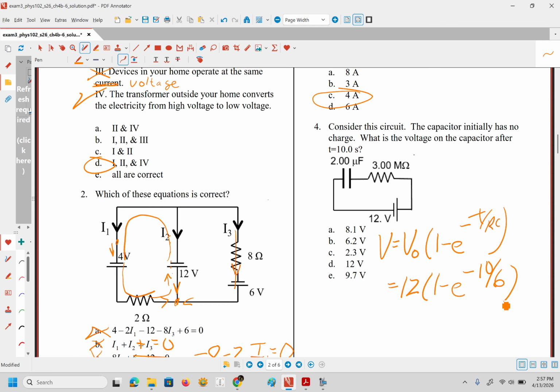And then if I do that, I get 12 minus 12 times... when I do this, I get 9.7. That's in volts. All right.